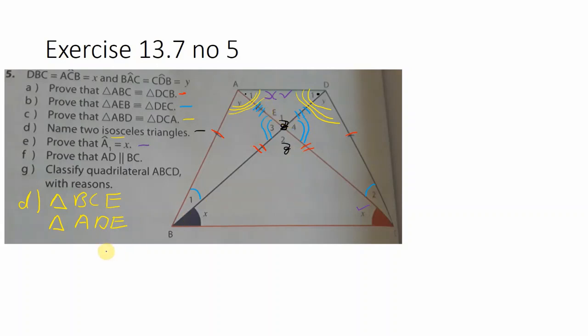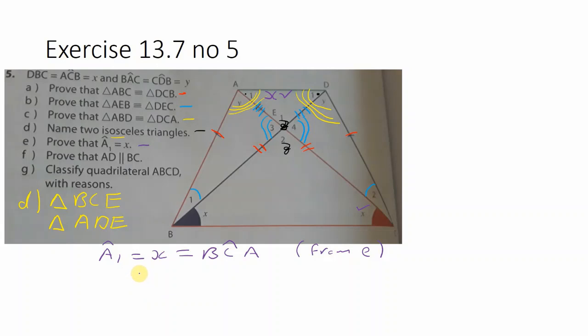So we can therefore say that A1 equals x, which is equal to angle BCA, so that we know from E. We have showed it in the previous step.